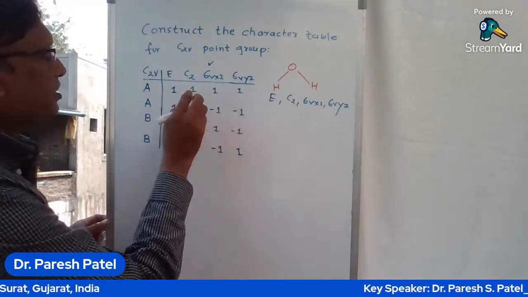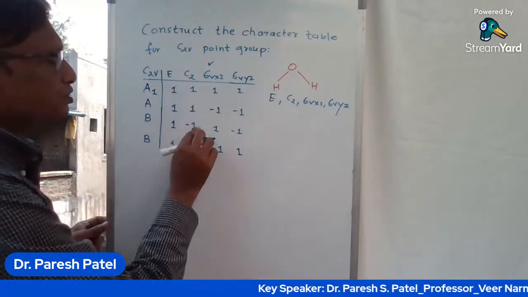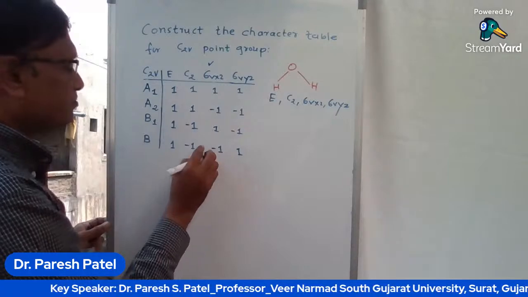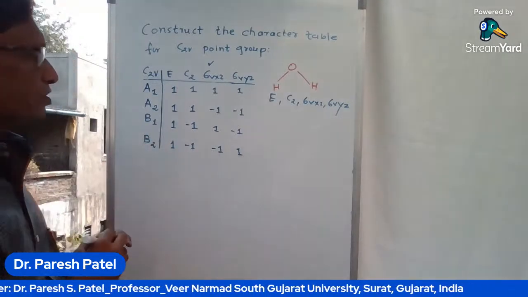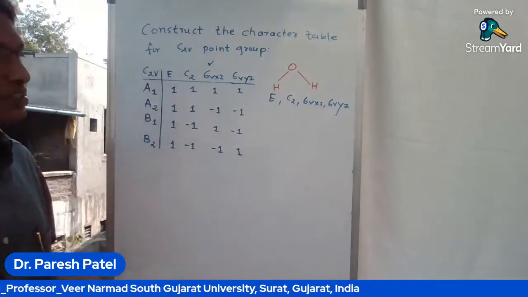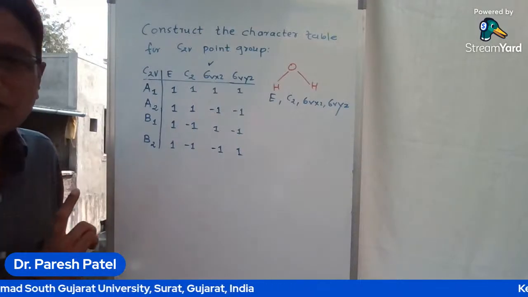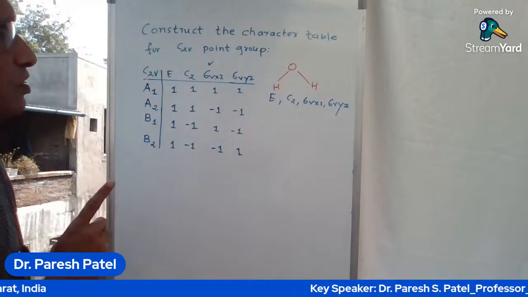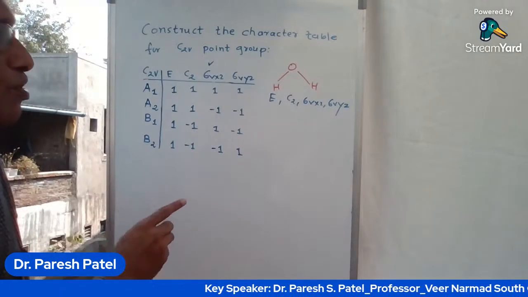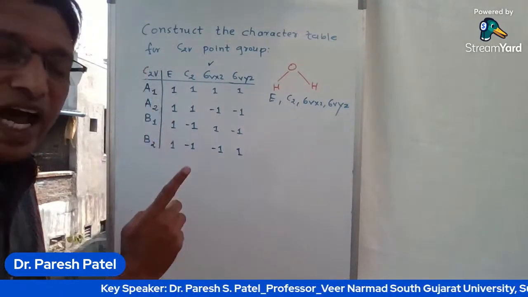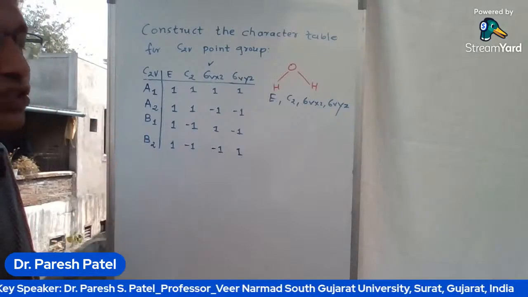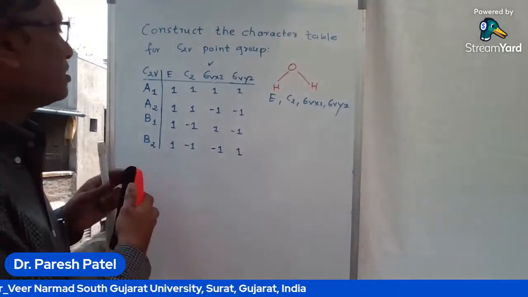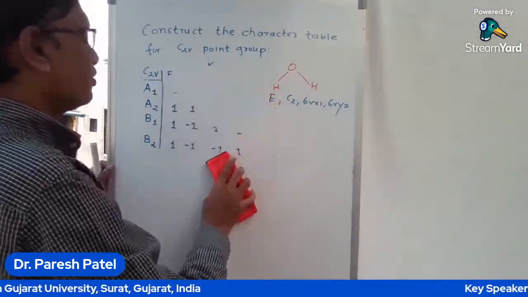So here the character is 1, it means subscript 1 can be used. Here minus 1, then subscript 2 can be used. So these are known as Mulliken symbols. Anyhow, dear students, this is the derivation for the C2V point group, or we can say constructing the character table for the water molecule, sulfur dioxide molecule, or H2S molecule. All are the same. Okay. Now next one is to construct a character table for the C3V point group.